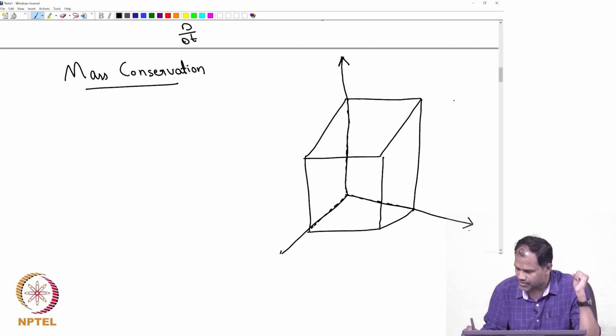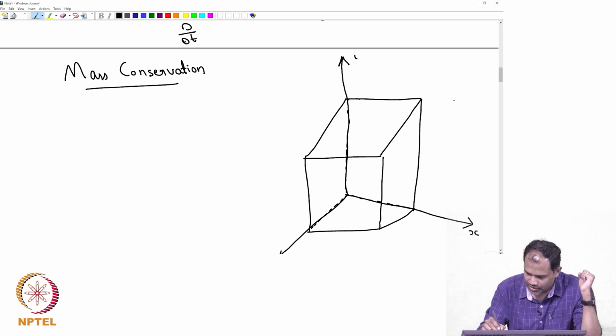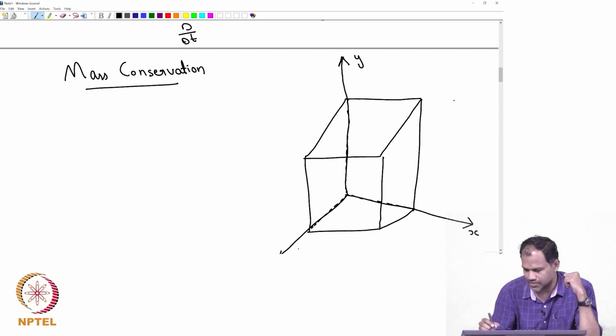So, we will select this as the x axis, that as the y axis, and this as the z axis. Okay.